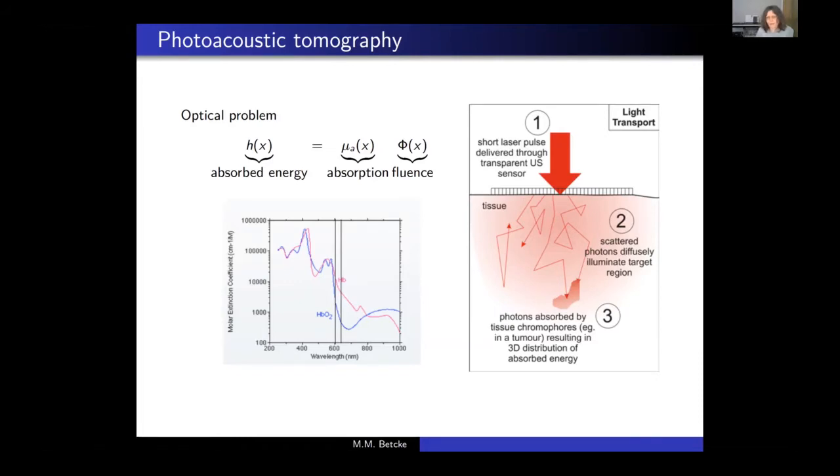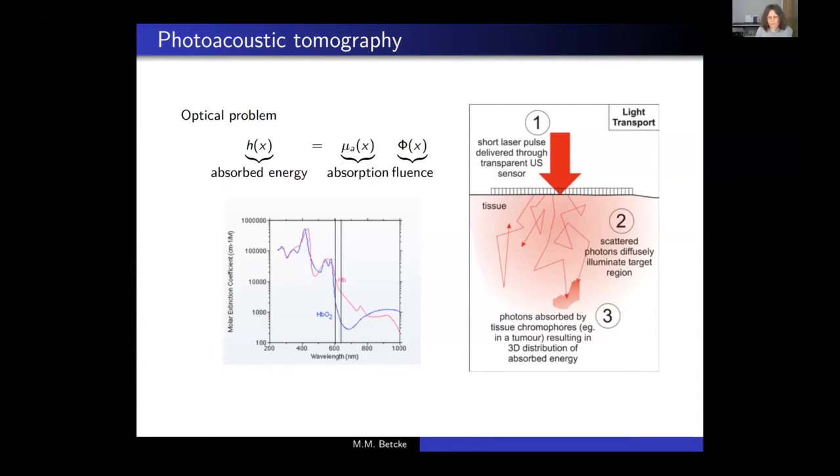And these photons are now being absorbed, and the absorption is proportional to the absorption coefficient of the tissue. So you have this distribution that came from the diffusive illumination, and then you have this absorption that is proportional to the tissue properties.